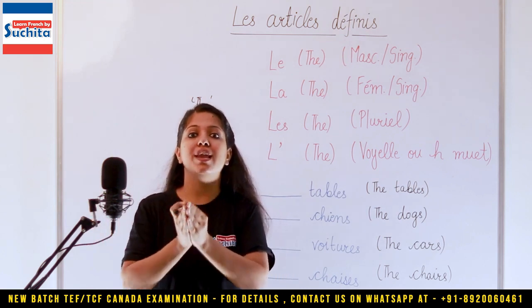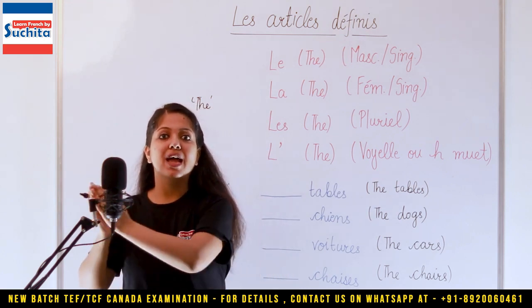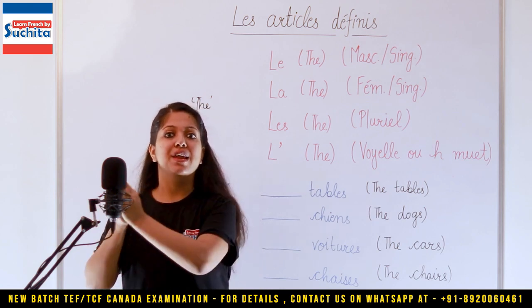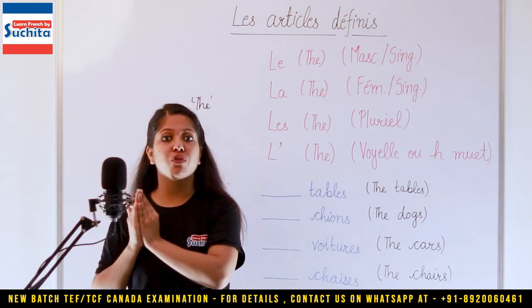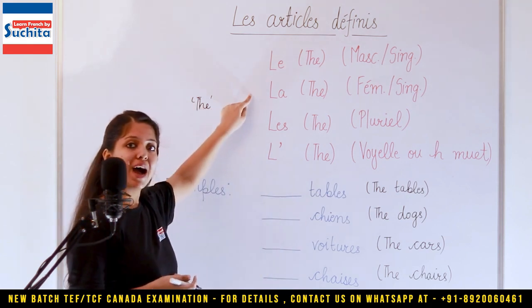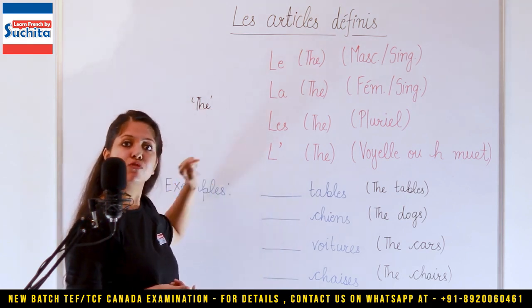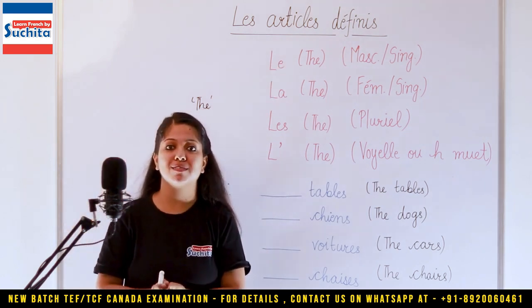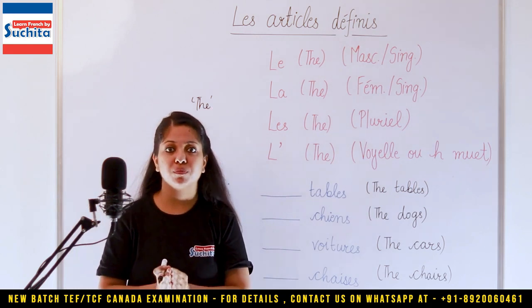You have to pronounce them well, and open your mouth for la. Repeat please: le, la, les, L apostrophe. Now, the meaning of all four of them is the, right?